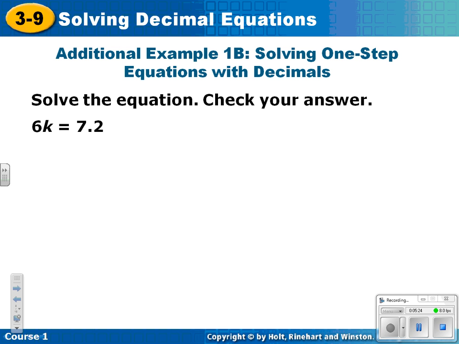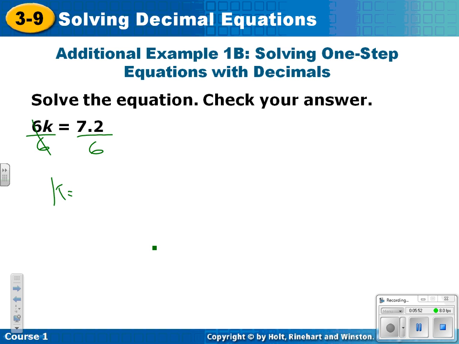6k equals 7.2. What's happening to the variable in this situation? Tommy. We're multiplying k by 6. What is the exact opposite of multiplying by 6? Divide by 6. So we divide this by 6. We divide this by 6. That goes away. We're left with k equals.